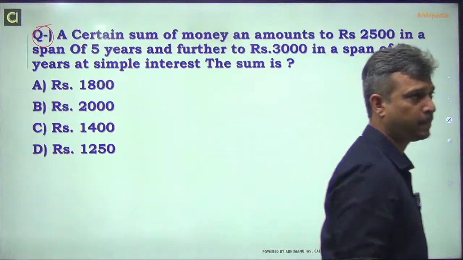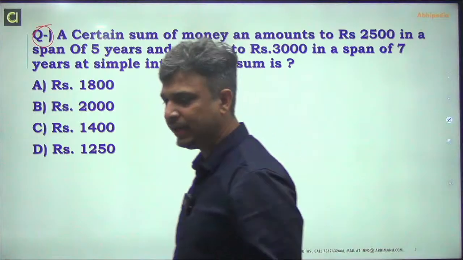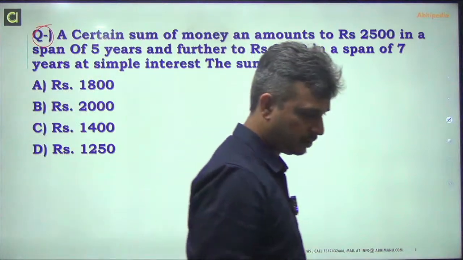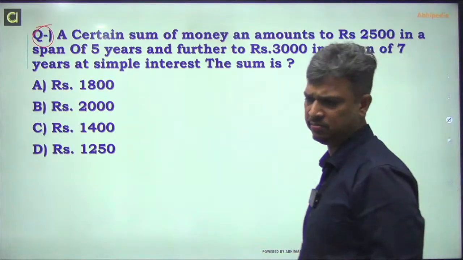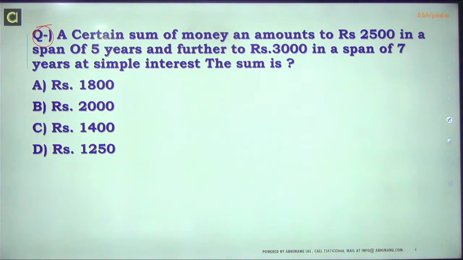Tell me the answer. You don't even need to calculate this answer if your concepts are clear. I don't think you need a formula for this question. Kindly tell me the answer.